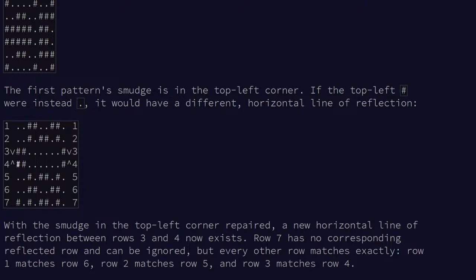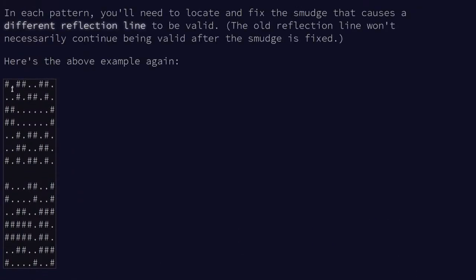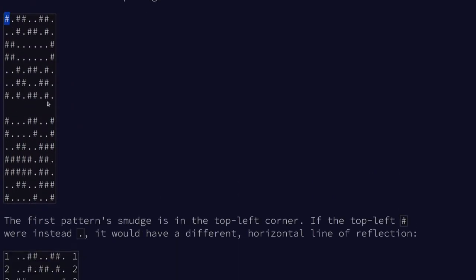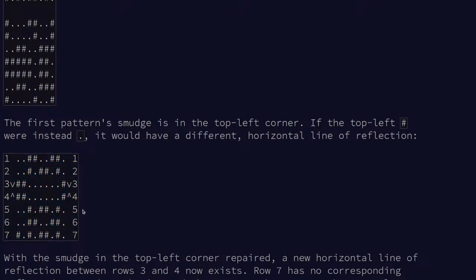Top left, is this right? What are they talking about? Okay, after changing, so top left hash were a dot, then this would be the new grid.